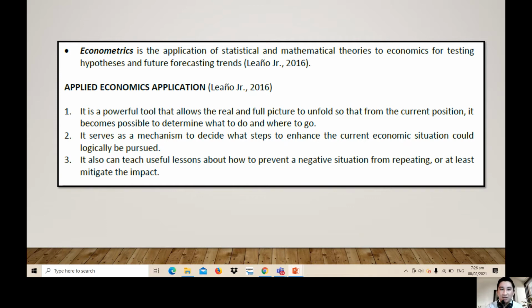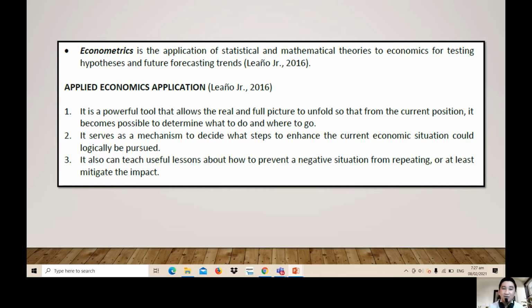This current situation will be the basis for determining a possible solution. It also serves as a mechanism to decide what steps to enhance the current situation could logically be pursued. If there's a problem, what possible alternatives can we take to provide the services or to solve the problem.